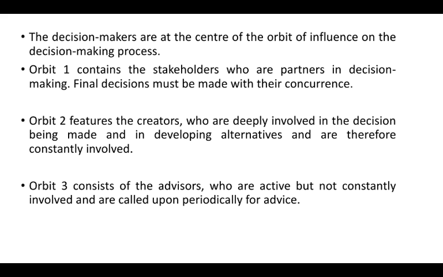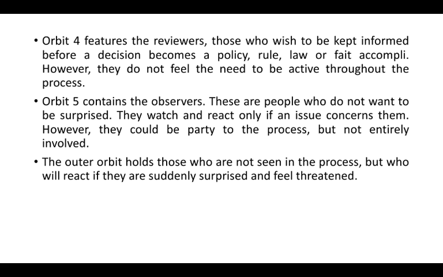Orbit 3 consists of advisors who are active but not constantly involved and are called upon periodically for advice. Orbit 4 features the reviewers, those who wish to be kept informed before a decision becomes a policy, rule, law, or fait accompli. However, they do not feel the need to be active throughout the process.